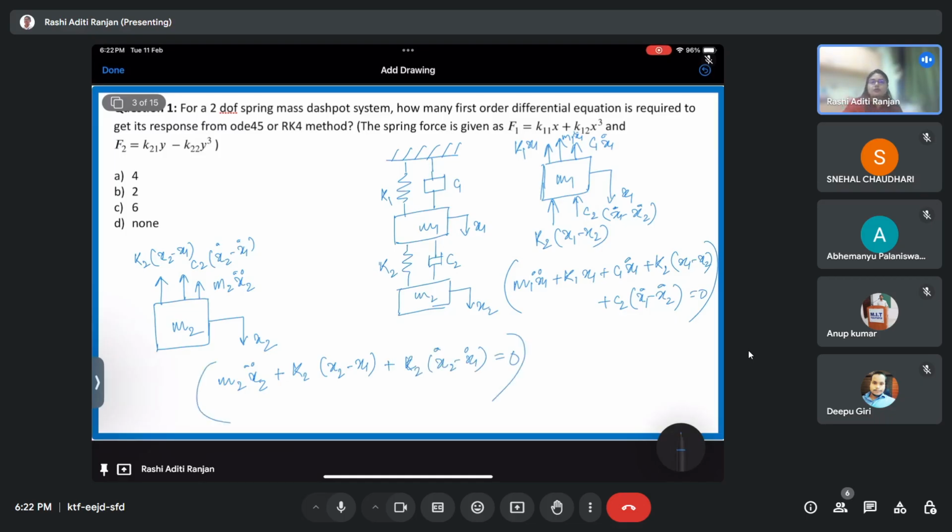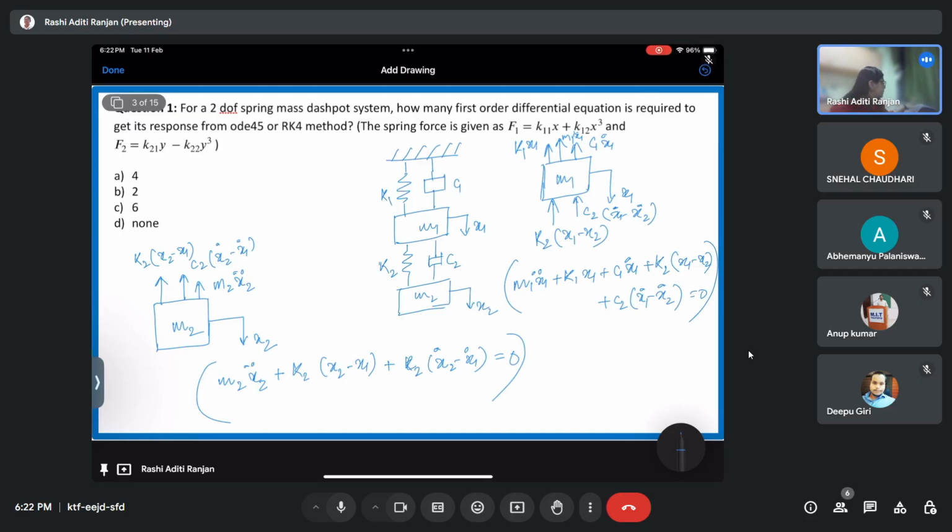These two will be my equations of motion. The spring force is given as nonlinear for this question, but I suppose that you can now solve this. I don't think it is an issue for you if you want to consider the nonlinear spring force.